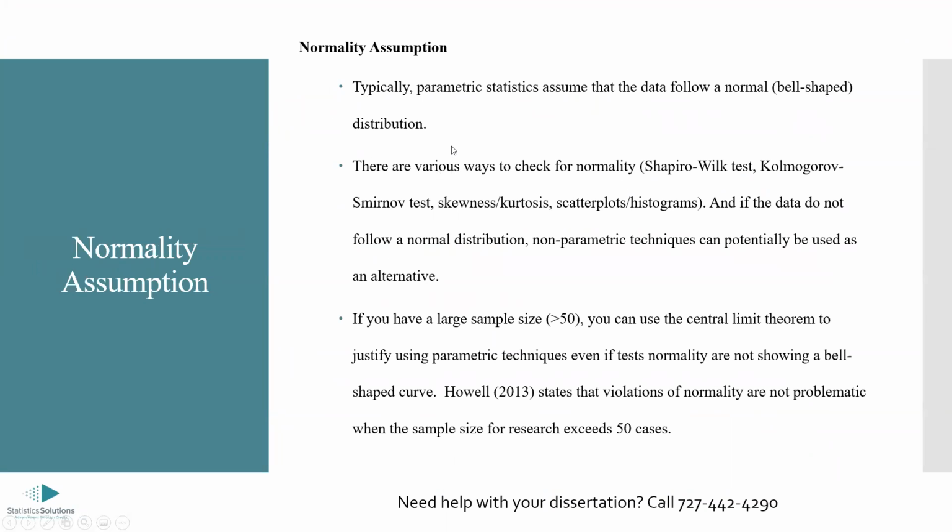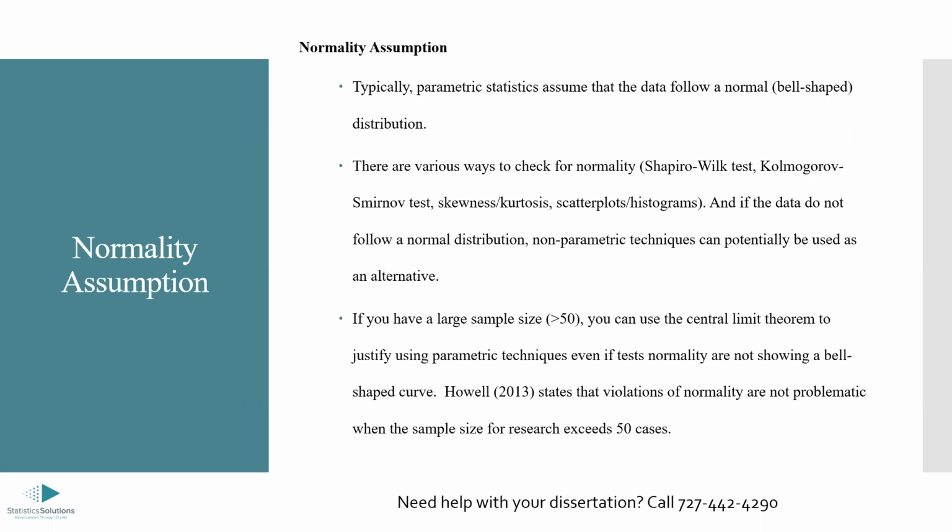Okay, and that is the next slide, normality. Normality is ensuring that your data follows a bell-shaped distribution. So everyone here, I'm sure, has seen a bell-shaped curve, and that's one of the prerequisites or assumptions for running parametric analyses like t-tests and regressions and ANOVAs.